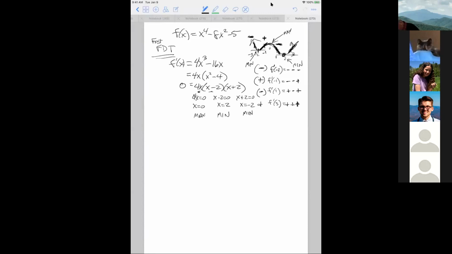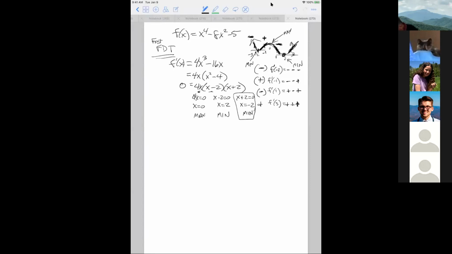So we found out the slope and the values, but we've got to plug it back into the original function to find out what the coordinate is. At -2, we know it's a min, but I've got to figure out what the point is down here.